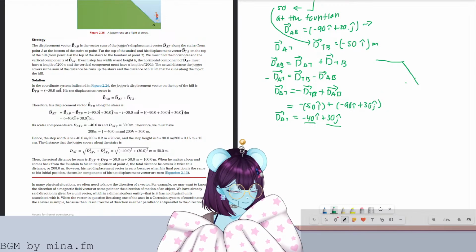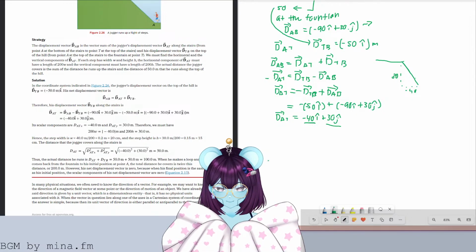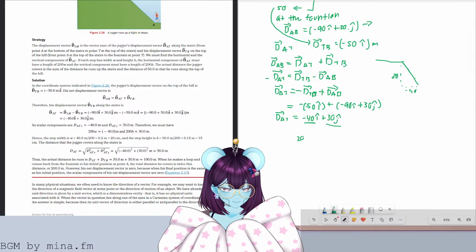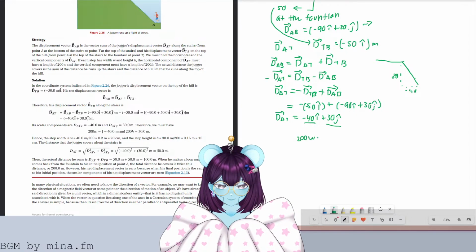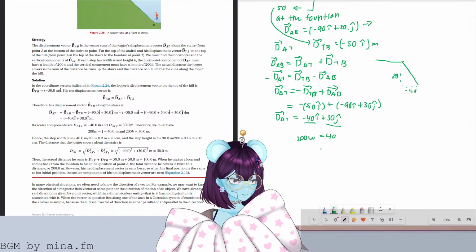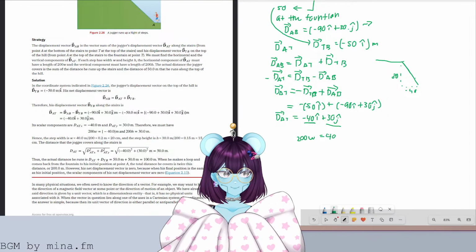So this is the -40, and this is our 30. And then from that, we can just take the 200 is equal to 40. Since you're not going to have a negative width of the stairs, it makes sense.